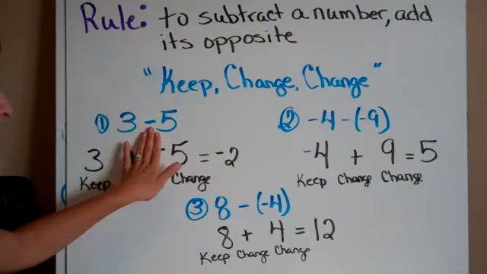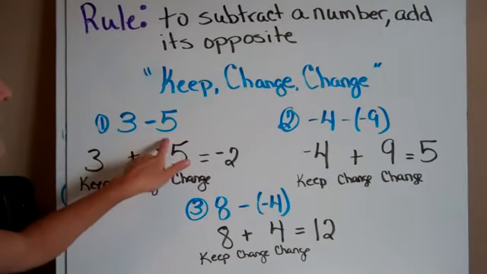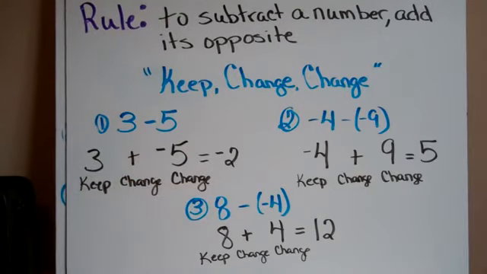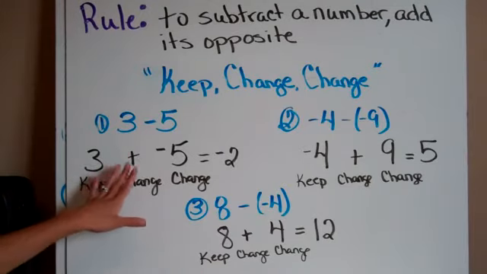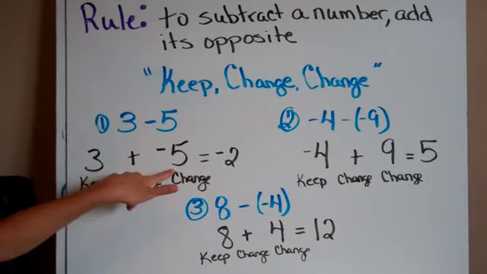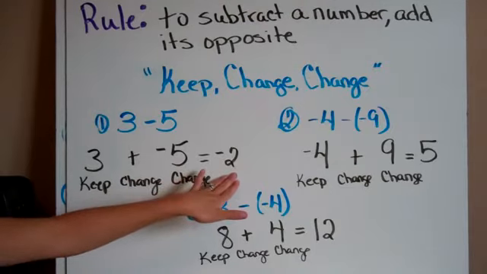My subtraction sign changes to an addition, and my 5, that's positive, becomes a -5. Because we've already learned how to add integers, I take the absolute values, which are 3 and 5, and subtract those, which gives me 2, and I take the sign of the higher absolute value, which would be a -2.